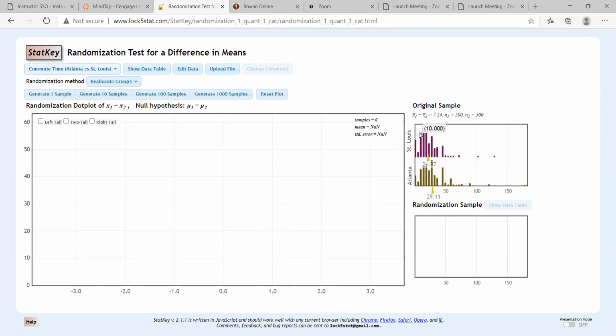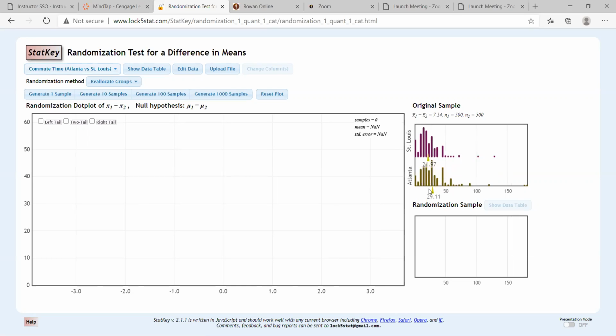Each of these bars represents different numbers of commuting times in minutes. This is 20 minutes, these are 15 minutes, 30 minutes, and all the way up to somebody with a 130-minute commute. That's over 2 hours, that's crazy. Same thing with Atlanta, 500 commuters.